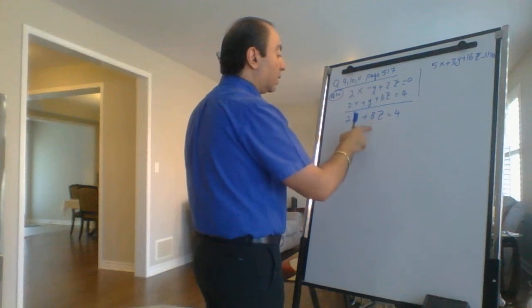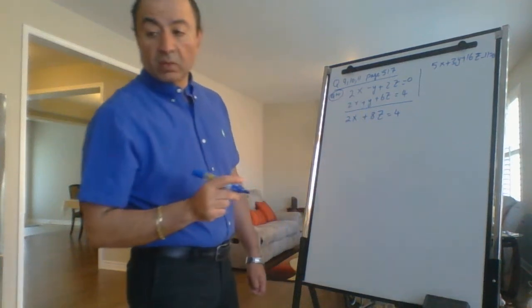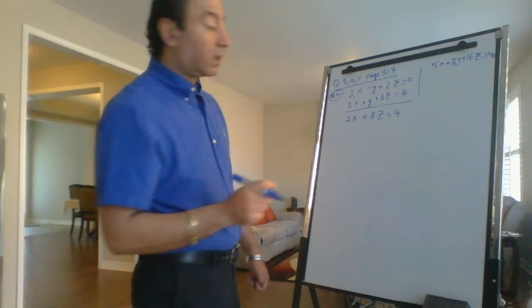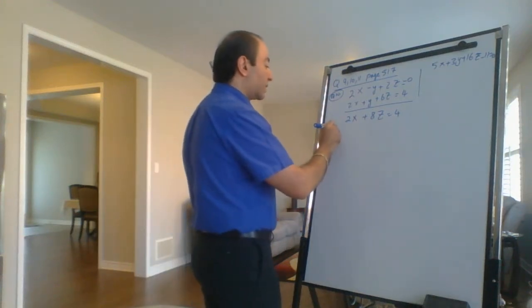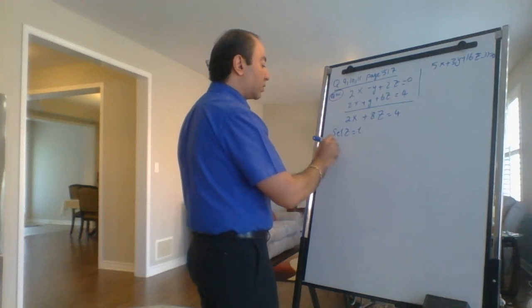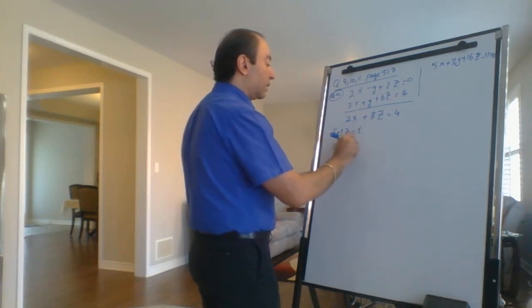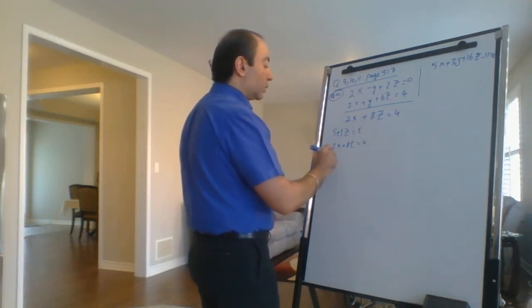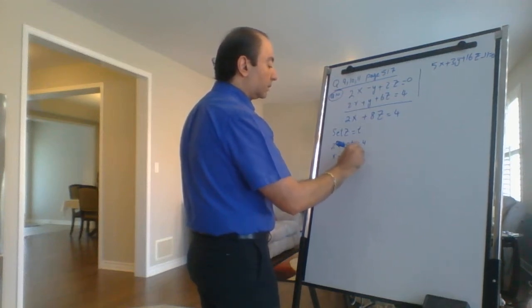Now we let either x or y or z equal t. So set z equal t. In this case, 2x plus 8t equals 4. So x will equal 2 minus 4t.